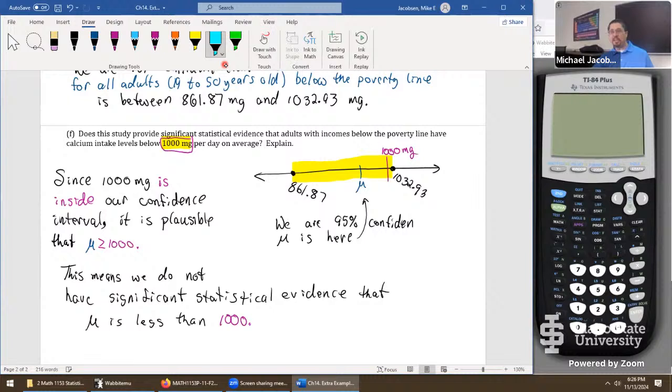And I think this write-up is still kind of tricky because when they said adults with income levels below the poverty line, on average, they were referring to mu here as well. So, in other words, if 1,000 is inside your interval, this type of picture would always lead to an assessment of no.